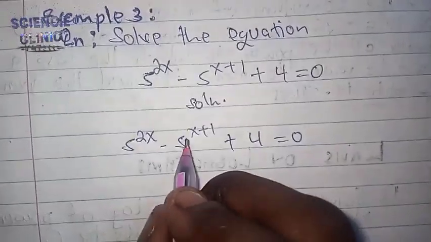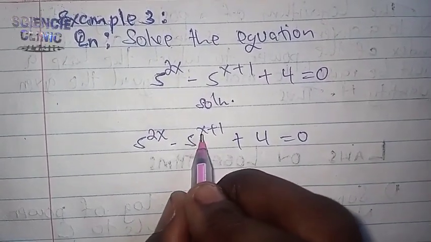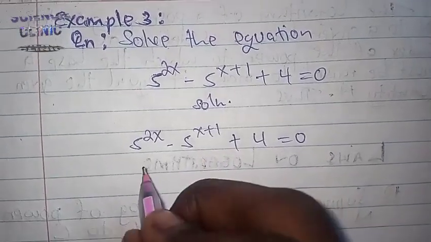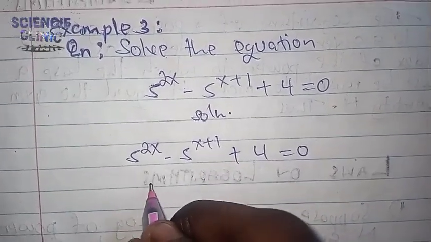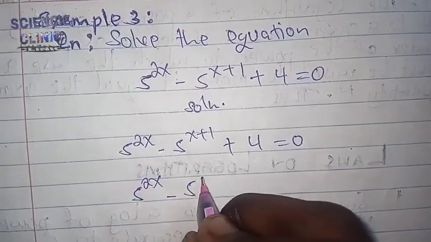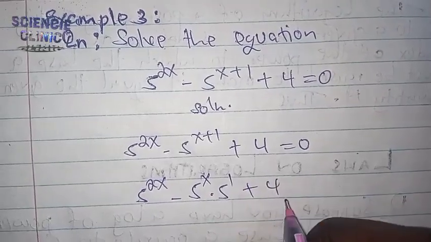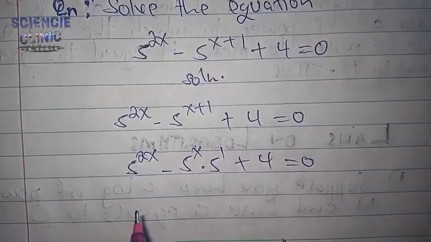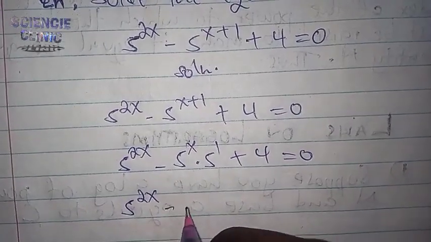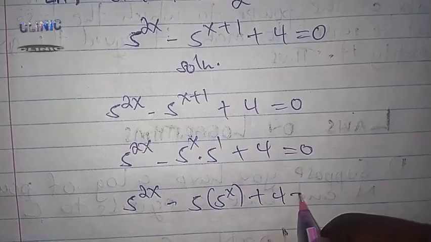Remember, we are having 5 to the power x plus 1, which means that this was 5 to the power x times 5 to the power 1, which can be 5 to the power 2x minus 5 to the power x times 5 to the power 1 plus 4 equals 0. Therefore, we can say 5 to the power 2x minus 5 into bracket 5 to the power x plus 4 equals 0.